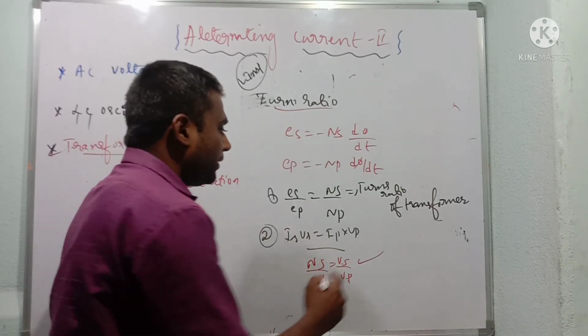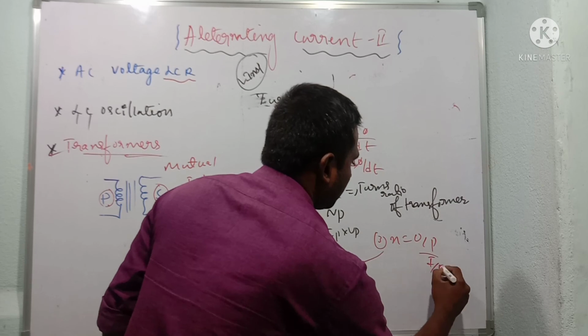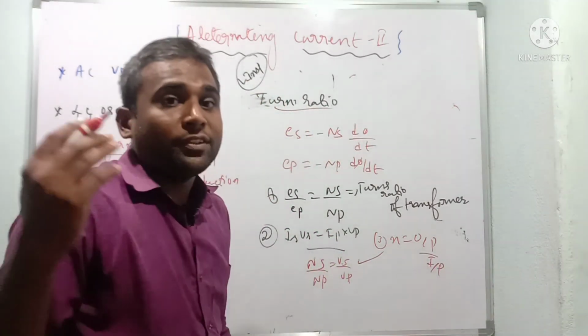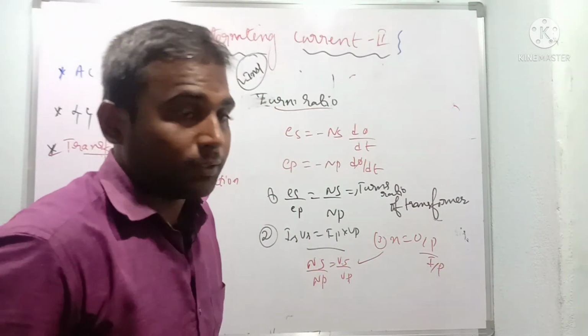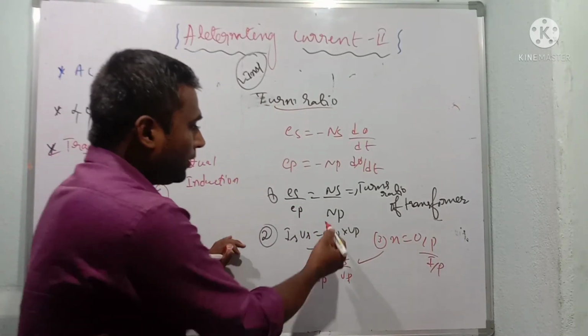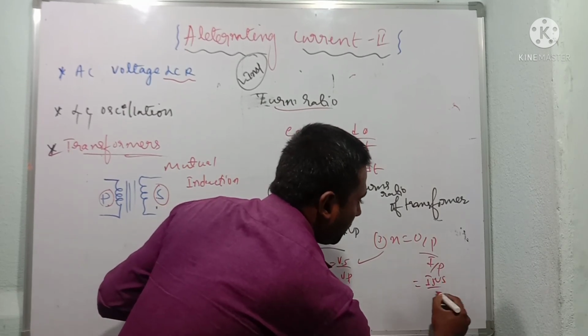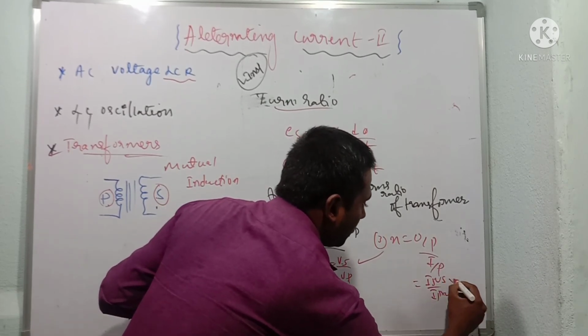And last but not least, efficiency is equal to output by input. They may ask you efficiency percentage in the CET and NEET exams. Here output means IS into VS, and input means IP into VP, into 100.